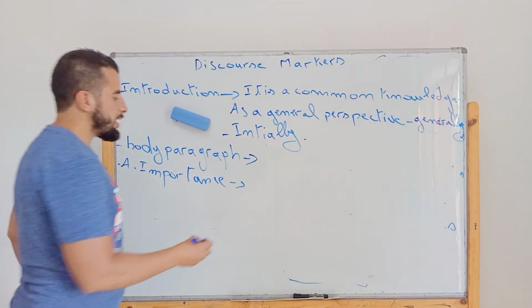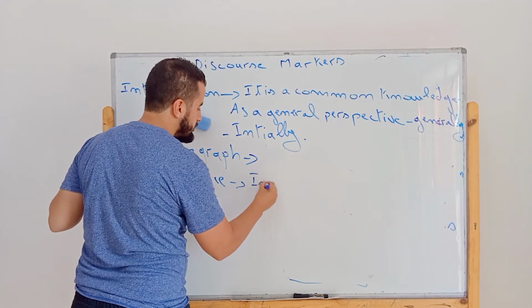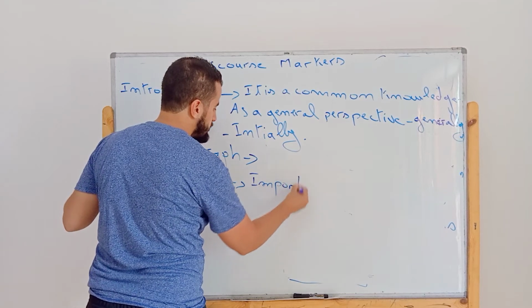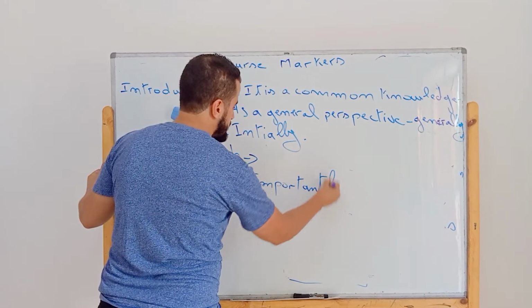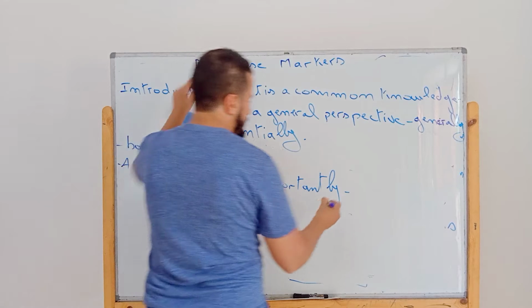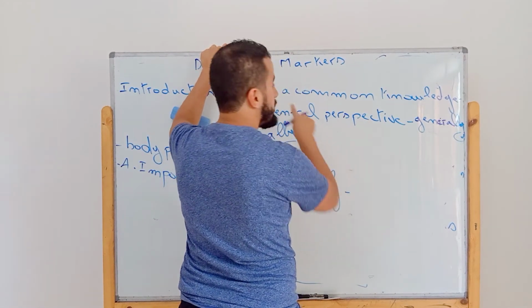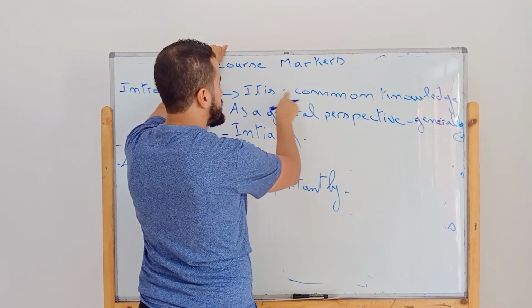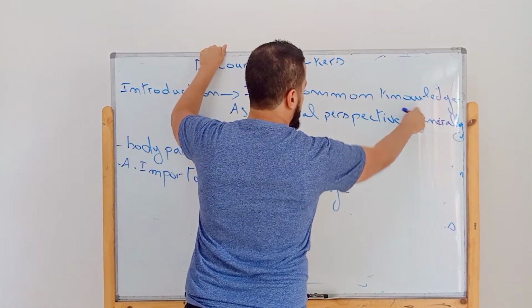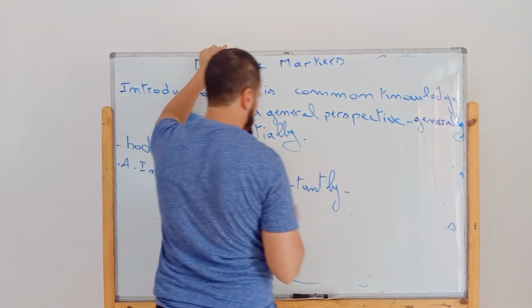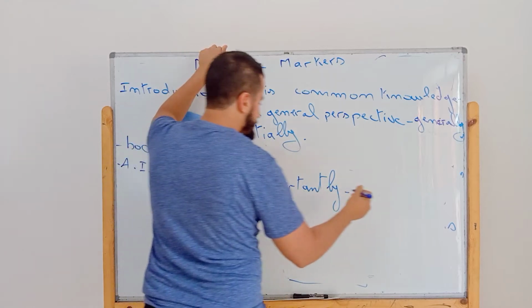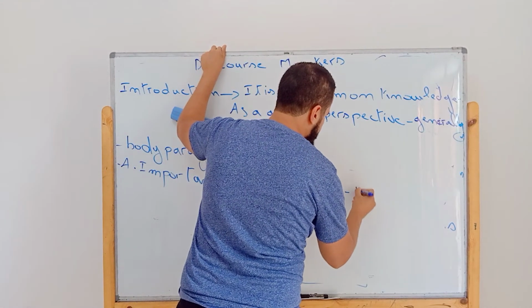For importance, for example, we say, importantly, significantly. Here it is not "a common knowledge," because knowledge is uncountable. It is common knowledge. Importantly, we have significantly.